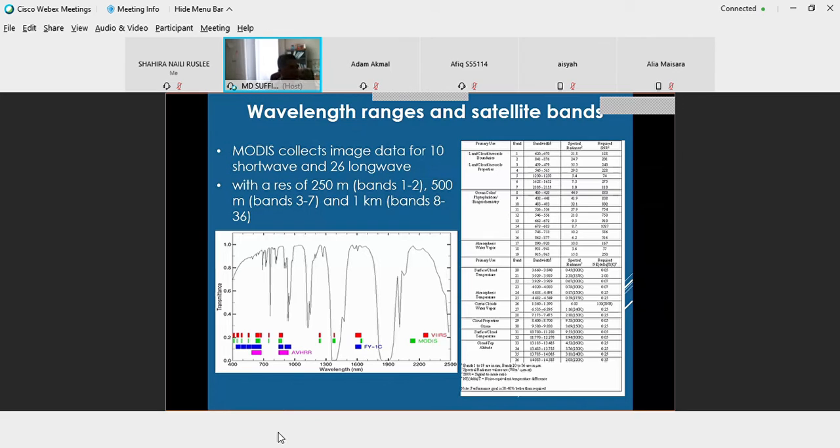Band 8 refers to the blue band, with a wavelength from 405 until 420. This one is for organic matter and suspended particulate matter in the water column. There are also bands to measure atmospheric water vapor, surface cloud temperature, and so on. Altogether it has about 36 bands.